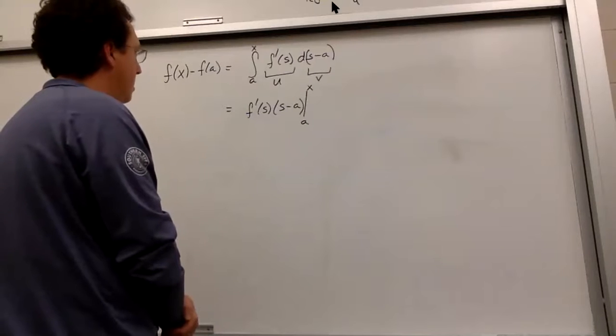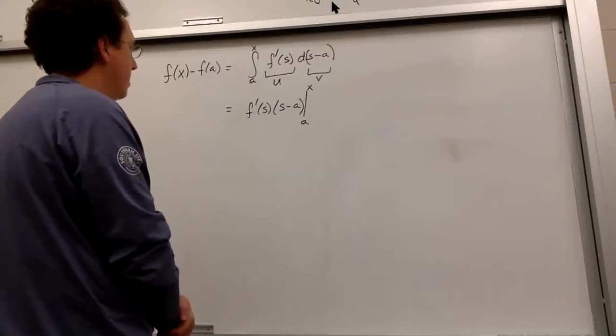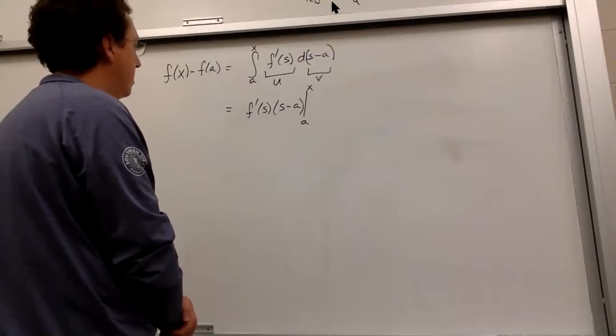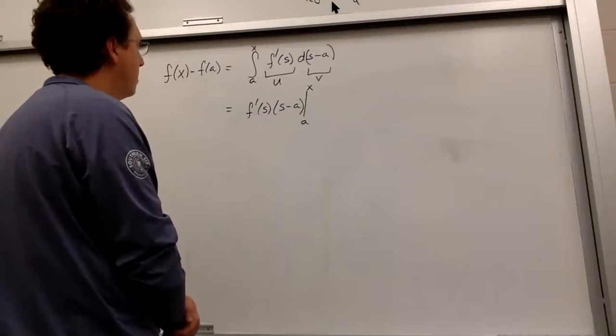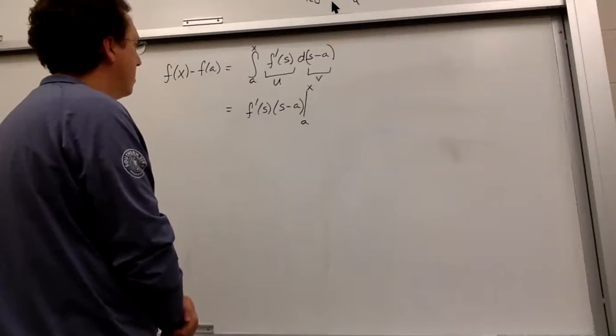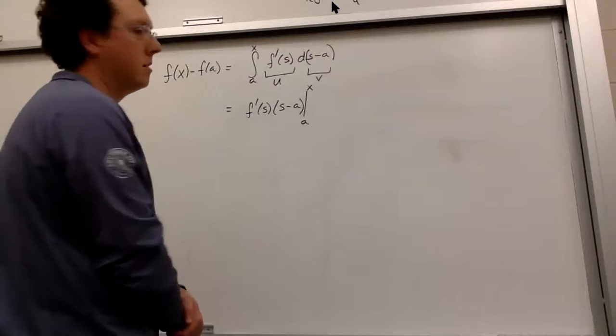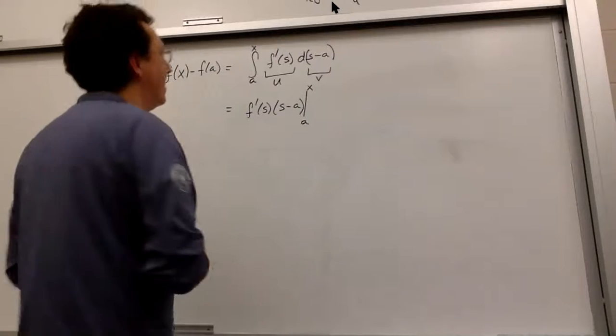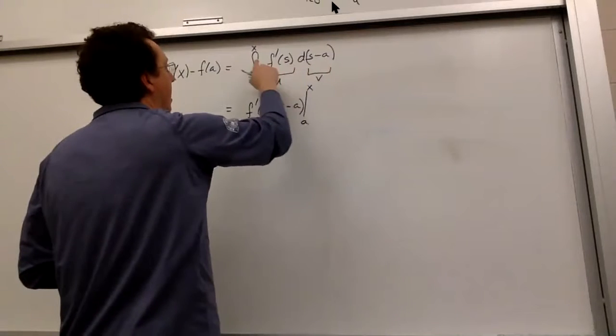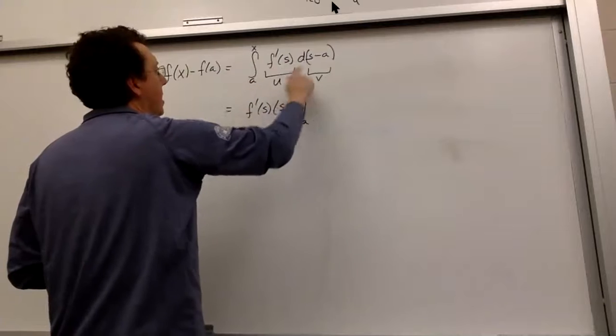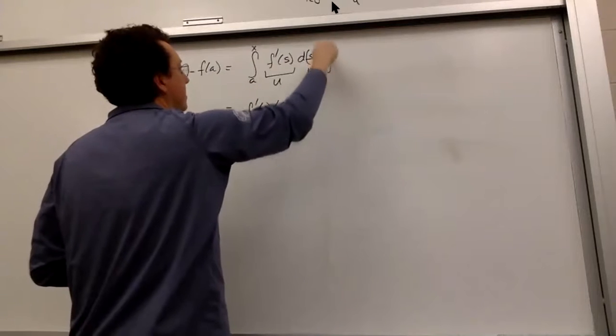If I plug in upper limit, lower limit, I did foul things up. You know what I need to do? I need to shift it not by a, I need to shift it by x.